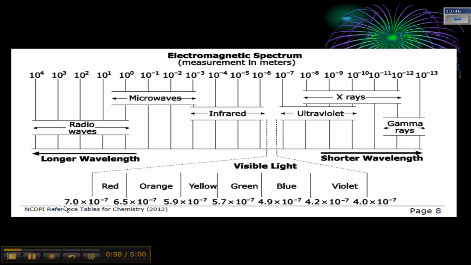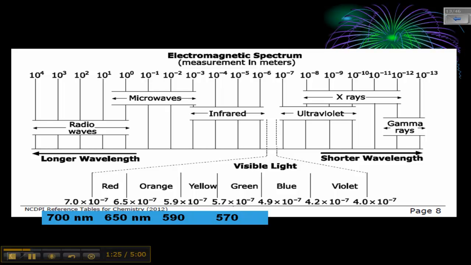Because a nanometer is 10 to the minus 9, so the easiest thing to do, like I said, is just ignore the times 10 to the minus 7 and then multiply this number by 100. So 7.0 times 10 to the minus 7 meters is the same thing as 700 nanometers. So label your reference packet so you'll remember this. Then 6.5 times 10 to the minus 7 would be 650. Then we have 590, 570, 490, 420, and 400.